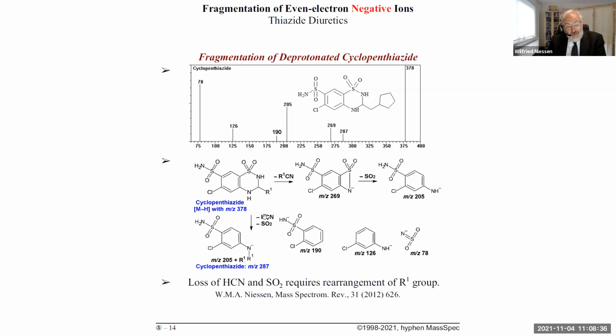The only way to explain this loss would be a rearrangement of the R group here to either the nitrogen or the carbon here.